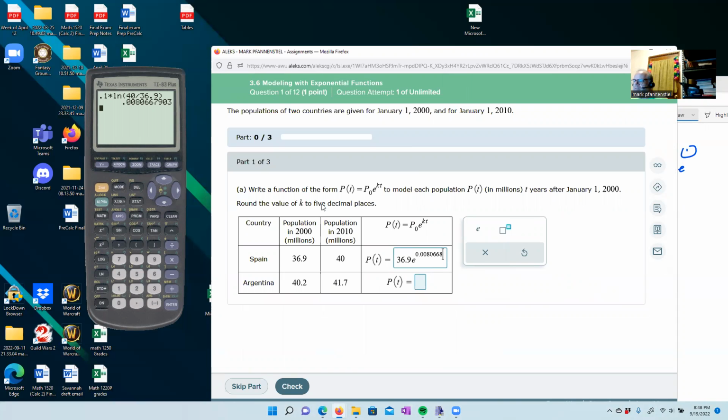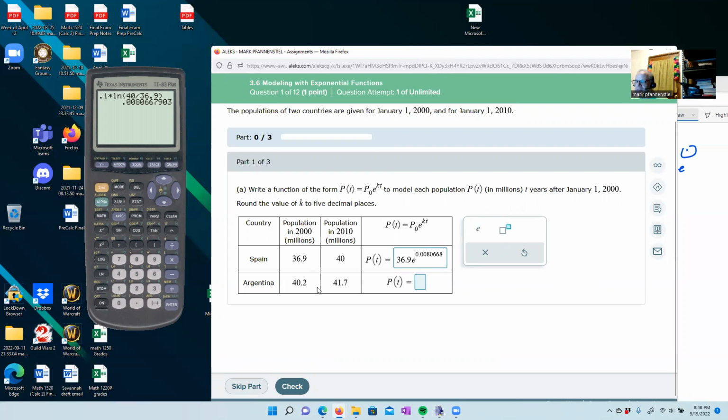Okay, 5 decimal places. This is probably too much, because I think they just wanted 5 decimal places. So 1, 2, 3, 4, 5. So we can probably say this is going to be 0.00807. I would recommend thinking about this in significant digits rather than decimal places.